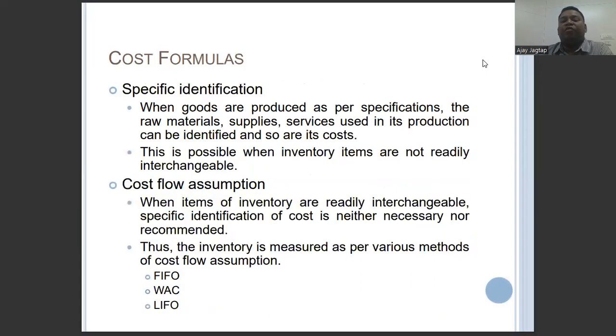The cost formulas. Specific identification: when goods are produced to specification, the raw materials, supplies, and services used in production can be identified, and so can the costs. This is possible when inventory items are not ordinarily interchangeable.